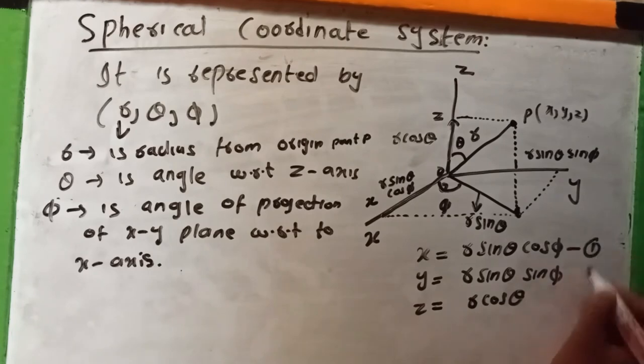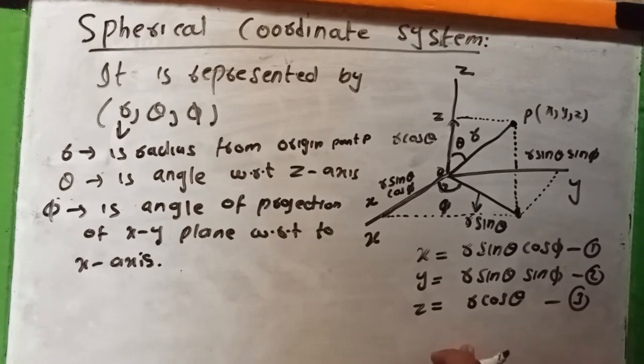These are equations number 1, 2 and 3. If spherical coordinates are given, we can convert to Cartesian coordinates by these formulas. If Cartesian coordinates are given, we can convert to spherical coordinates.